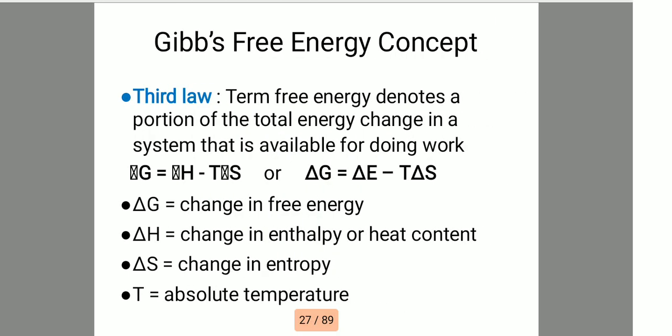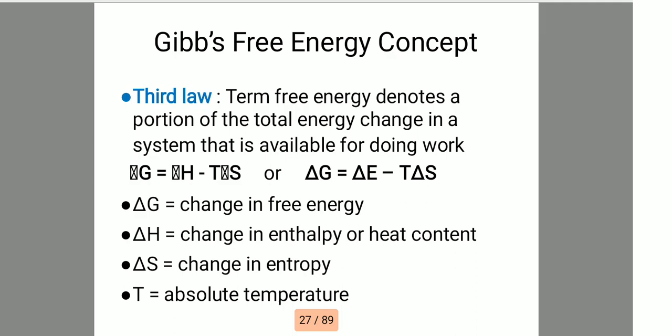Gibbs free energy concept and third law of thermodynamics. The term free energy denotes the portion of the total energy change in a system that is available for doing work.